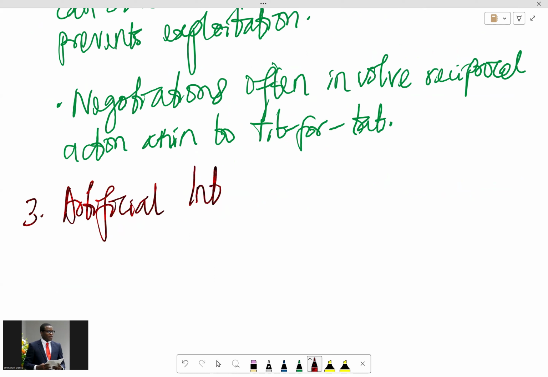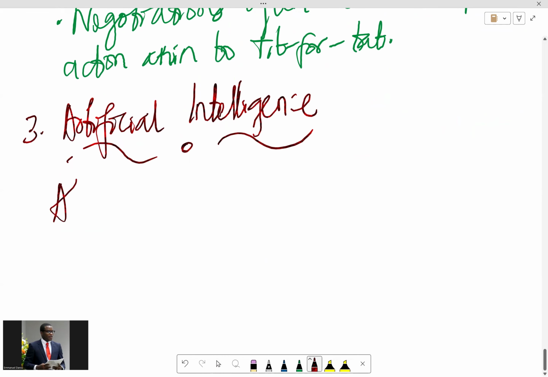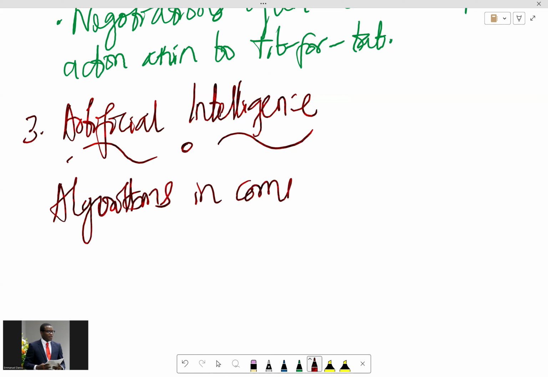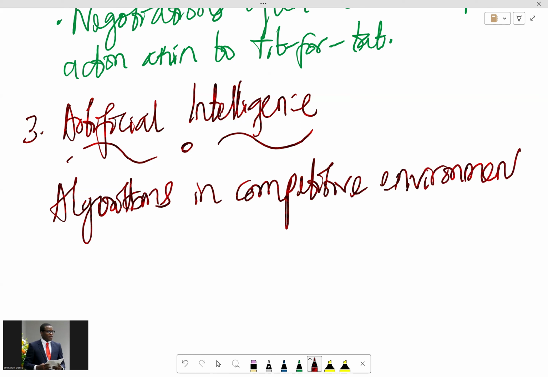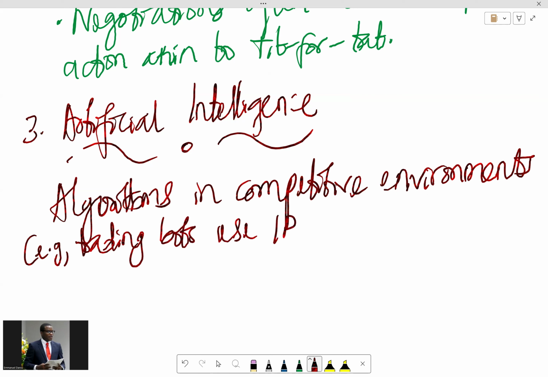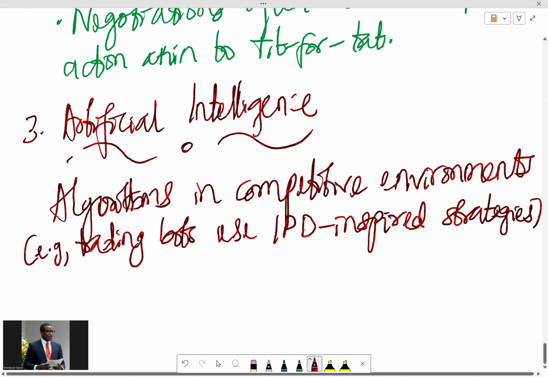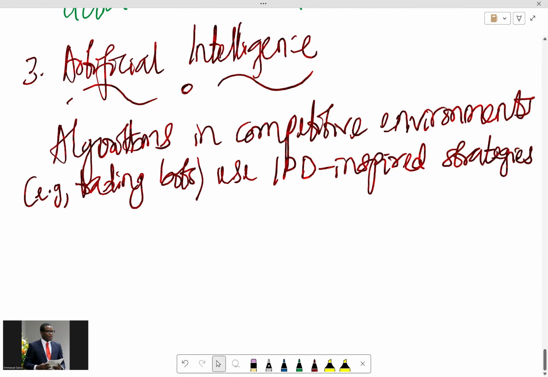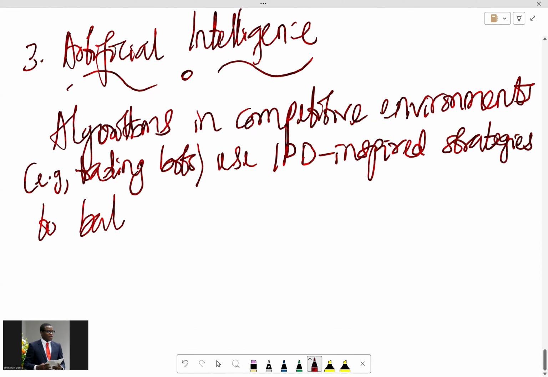So algorithms in competitive environments, e.g., where we have things like trading bots, use iterated prisoner's dilemma inspired strategies to balance cooperation and competition.